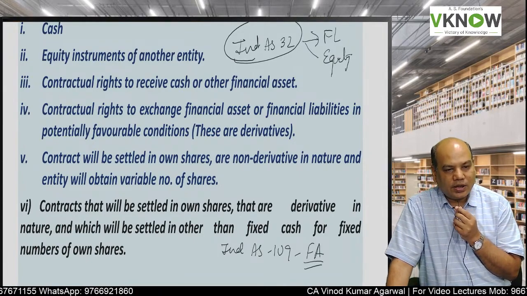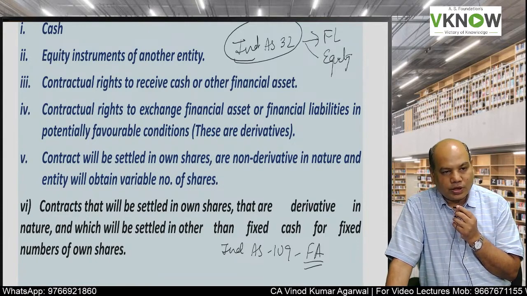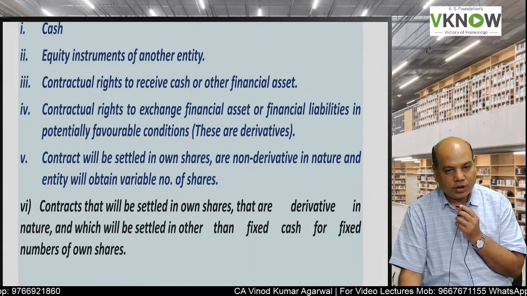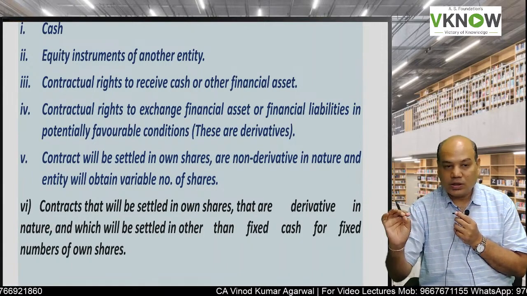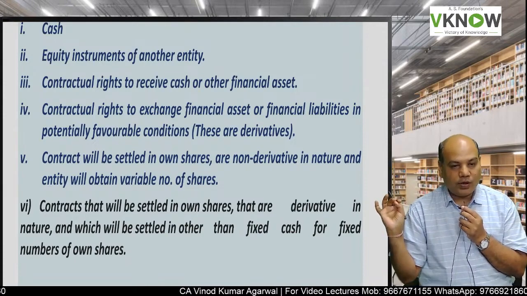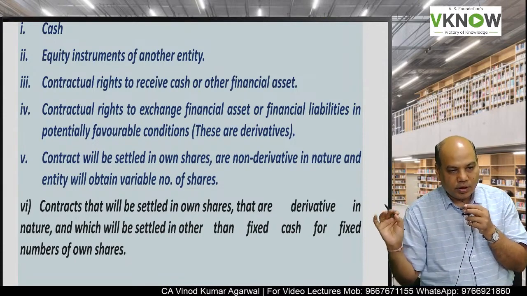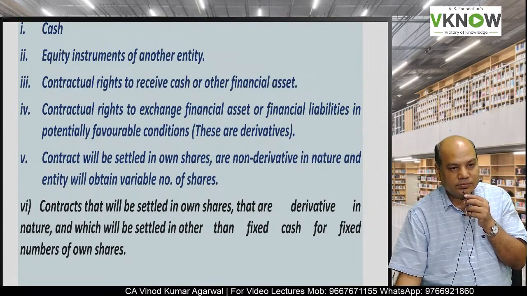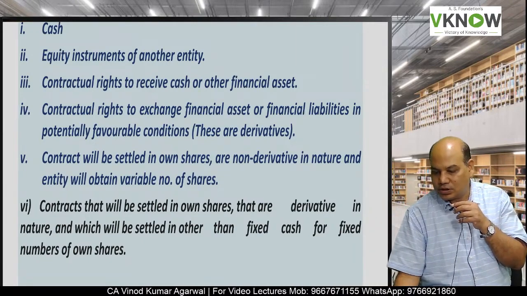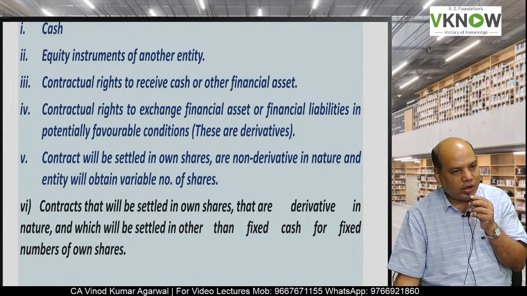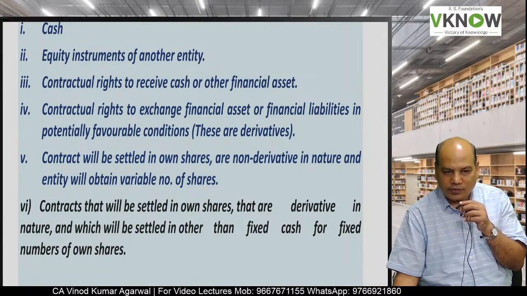But in the standard Ind AS 32, we'll just have a quick discussion about the definition of financial asset. Okay, a financial asset has the following 6 elements: 1, 2, 3, 4, 5, 6. If any of the 6 elements are present, then we will call it a financial asset.